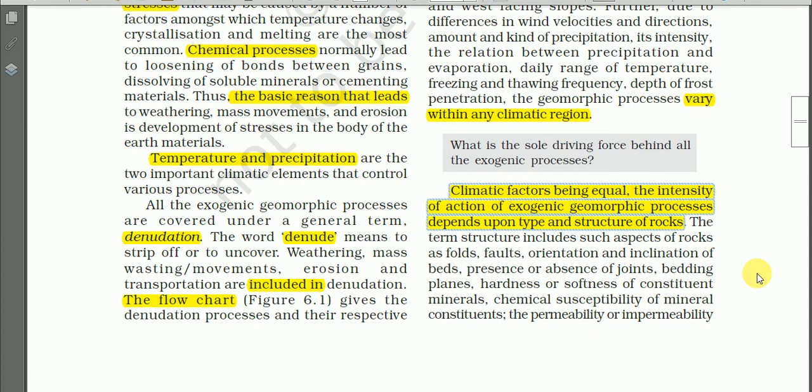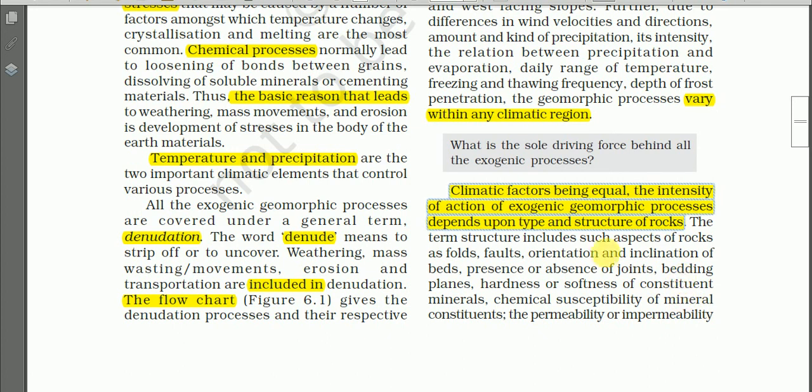So let us consider that climatic factors are equal, but the intensity of the action of the exogenic geomorphic processes will depend on the type and the structure of the rocks.